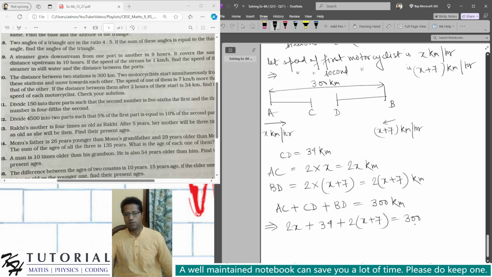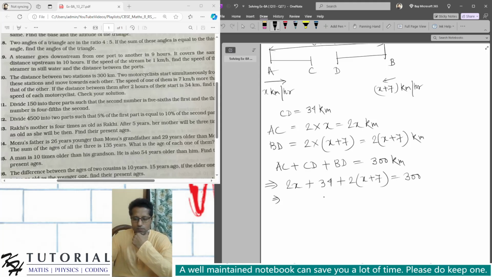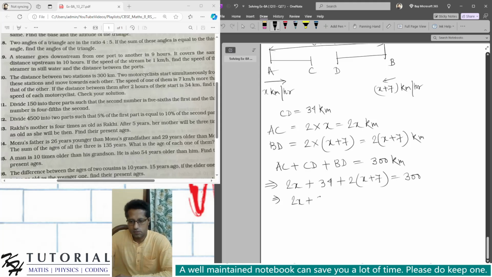So this is the equation we have formed from the given information, and we can easily solve for x. I'm directly solving for x and not explaining all the operations, because I hope by now you are quite familiar with how to solve a linear equation. So we have 2x plus 34 plus 2x plus 14 is equal to 300.